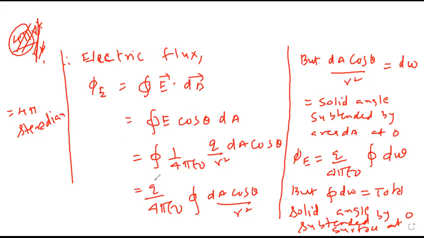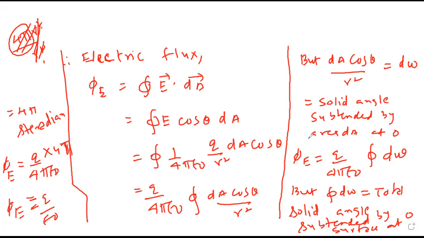Total sphere will be 4 pi r square. If I divide by r square, I will get 4 pi steradian. So flux due to electric field is Q upon 4 pi epsilon into 4 pi. That is nothing but Q upon epsilon naught. Hence proved. Any doubt again?